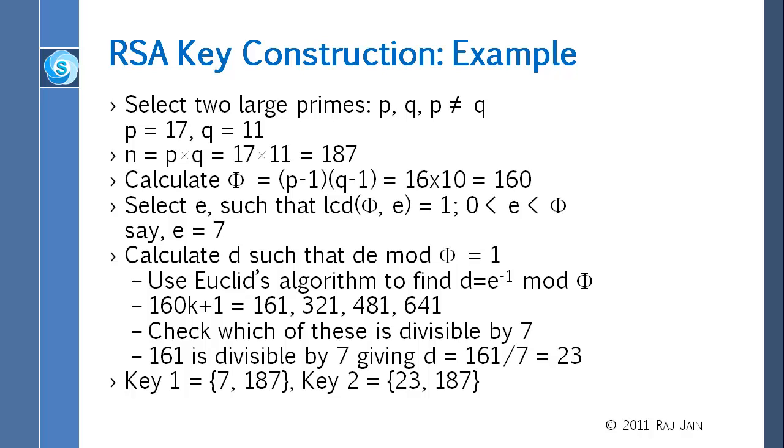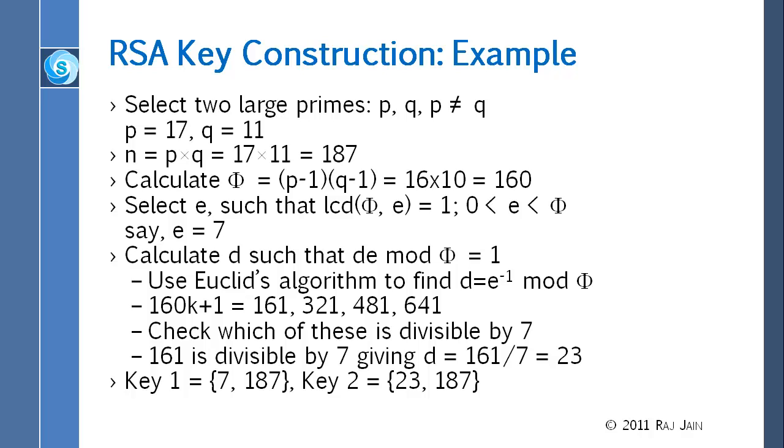So 161 is 1 mod phi, 321 is 1 mod phi, 481 is 1 mod phi, 641 is 1 mod phi. And therefore we are looking for something that is divisible by 7. It turns out that 161 is divisible by 7, and therefore 23 is the inverse of 7. Okay, you multiply 23 and 7, you get 161.